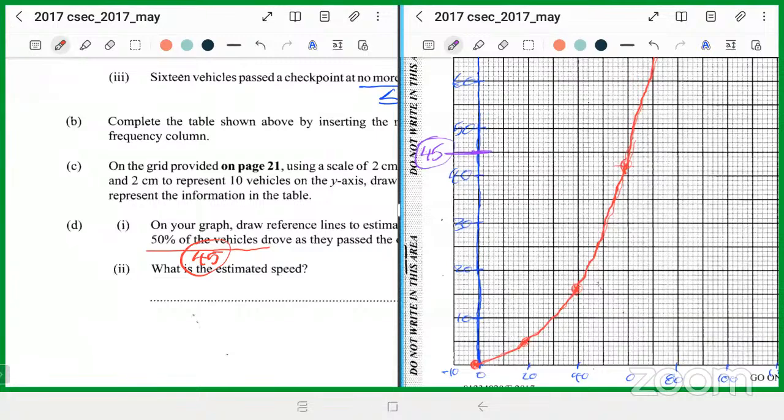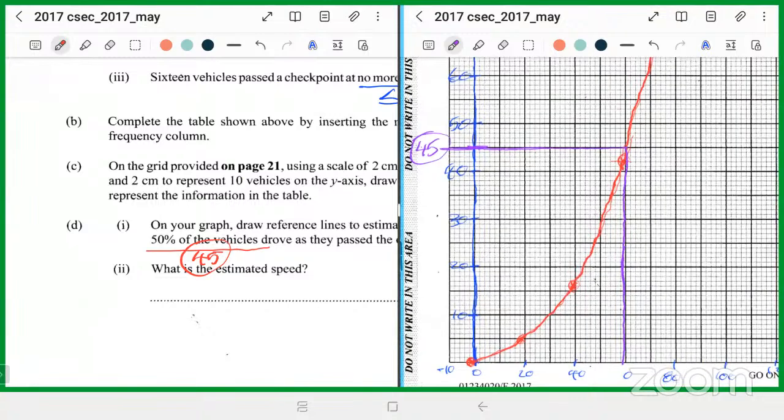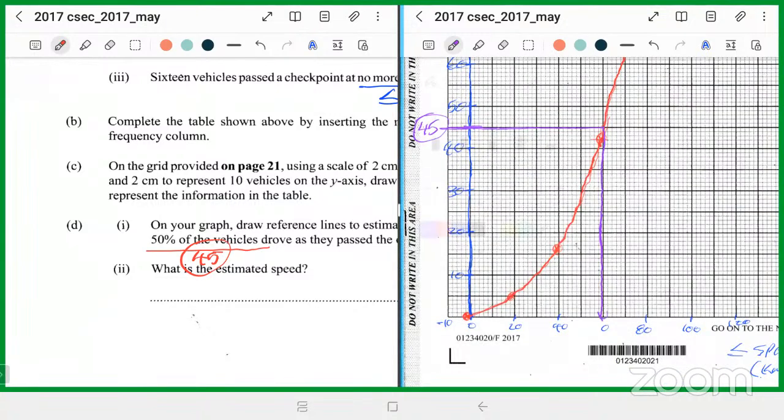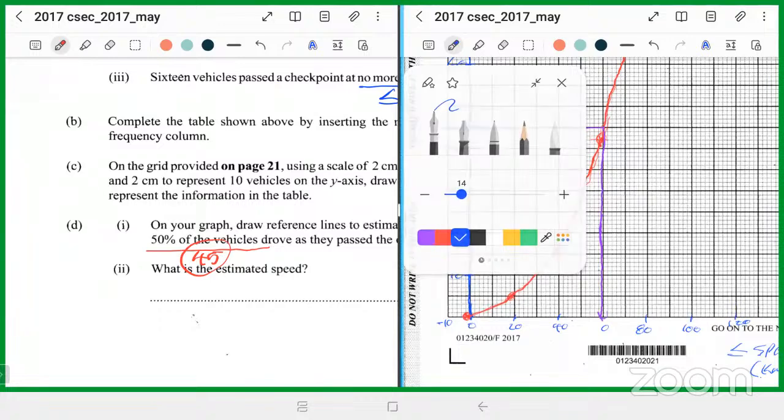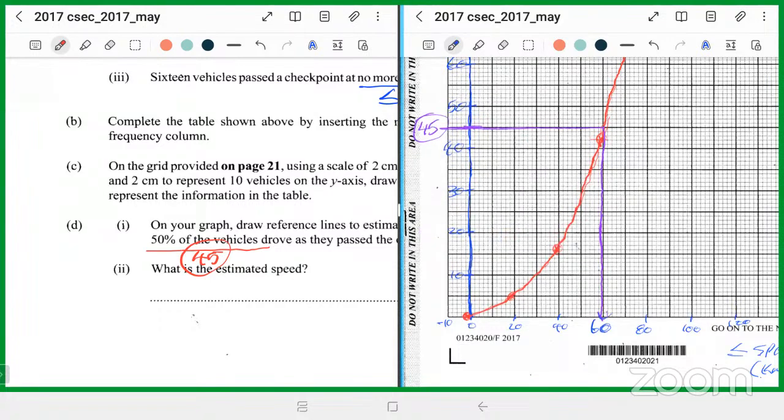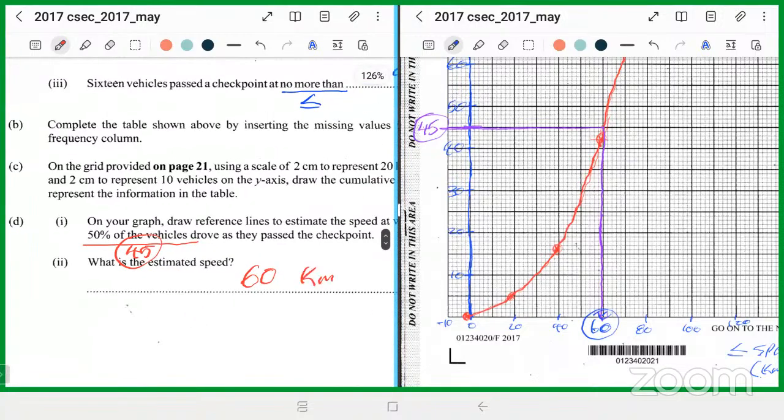You come across the graph. Looks like it's right on this mark, and that mark will be right on the 60. I'm getting 60, right here. So what is that speed? 60 kilometers per hour is that speed.